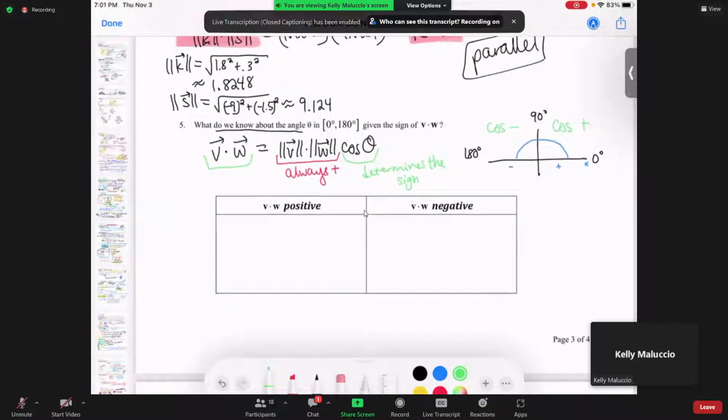Therefore, if V dot W is positive, cosine of theta is positive.